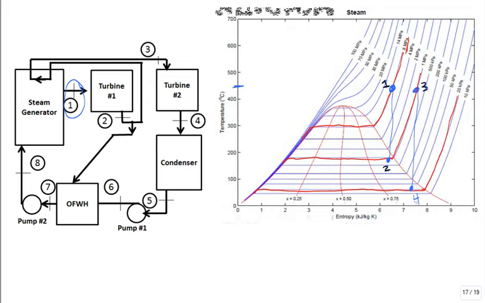Now I put it through the condenser. Where is state 5? Right over here, 5. I put it through the pump. Where is state 6? Right there, like right on it. I don't know what color to use to make it more visible. Right there is state 6. All right. Where is state 7?